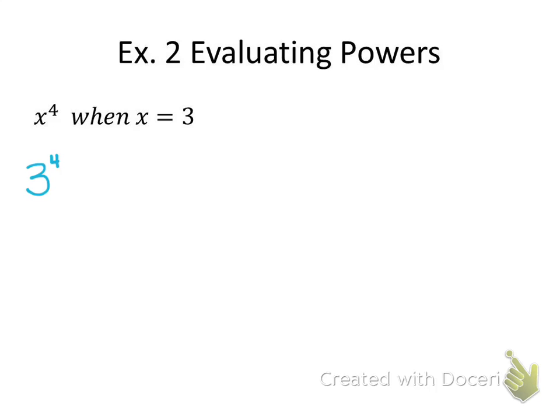Does this mean 3 times 4, which equals 12? No, it does not. This exponent right here tells me how many times my base is multiplied by itself. So I've got 3 and it's multiplied by itself 4 times. So 3 times 3 times 3 times 3.